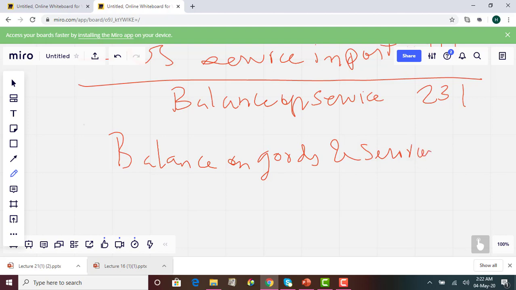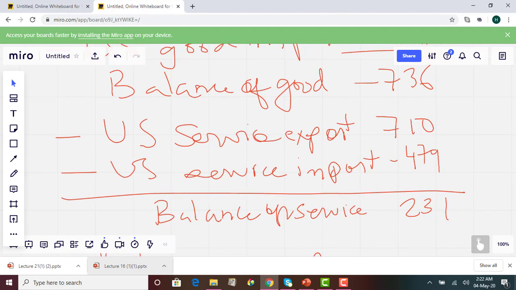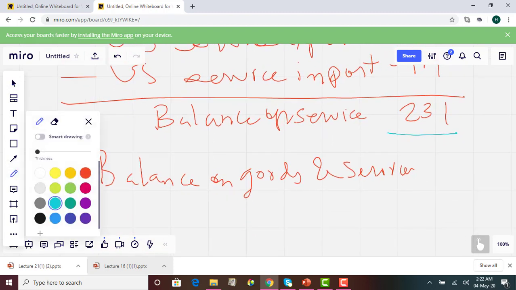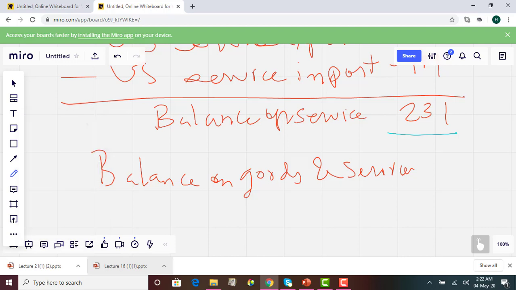That's what we got from the goods. If you scroll up, you will see here we had minus 736. So minus 736 plus 231, that is the balance of goods and services. So we have here a negative 505.